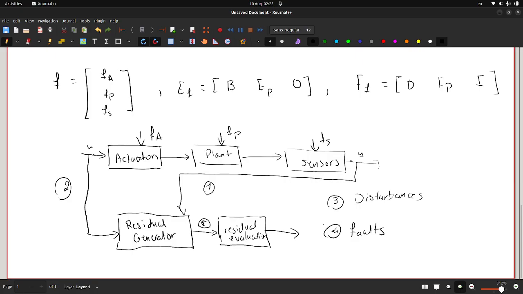So our goal now is to know the faults from this block, where we have four different signals that affect it. So our goal now is to decouple the inputs, the outputs, and the disturbances in this block to identify the faults that are caused by these three blocks. And this will be our topic in next videos. See you in the next videos.